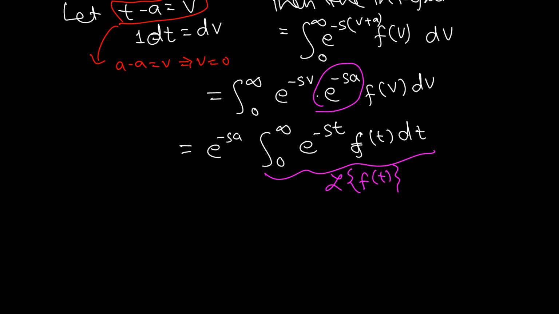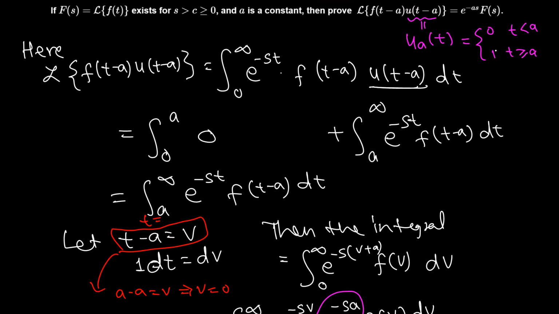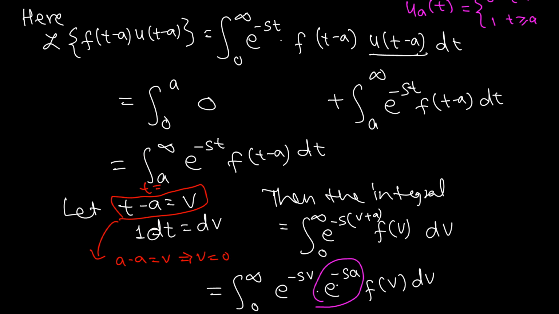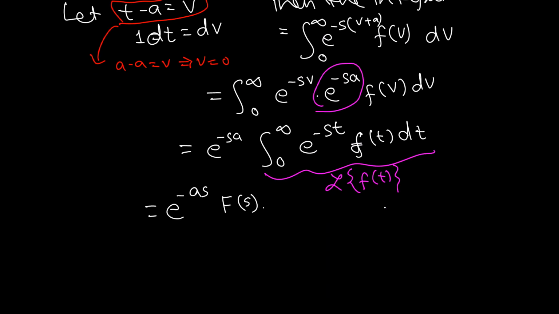So this whole thing is then e to the negative sa, or as, same thing, times the Laplace of f(t), and that is the same as uppercase F(s). Okay, and this is what we have on the right hand side above, e to the negative as F(s). Okay, final.